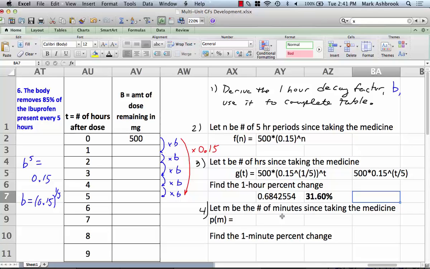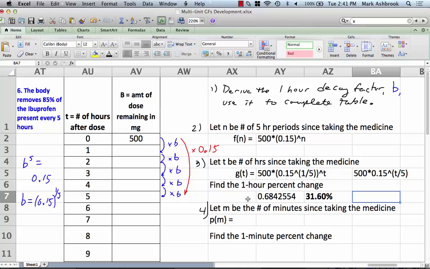Christina, did you get that? No, it doesn't work to divide by 60. Then you're assuming a constant rate of change. If you divide it by 60, you're saying you get the same amount of change each minute. So instead, what do we want? Brooke, did you get that?